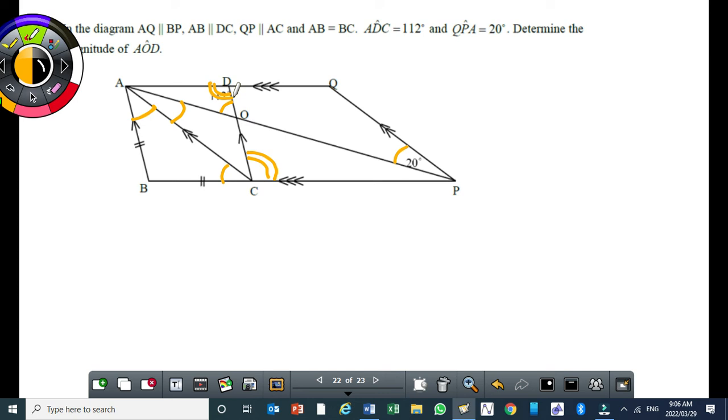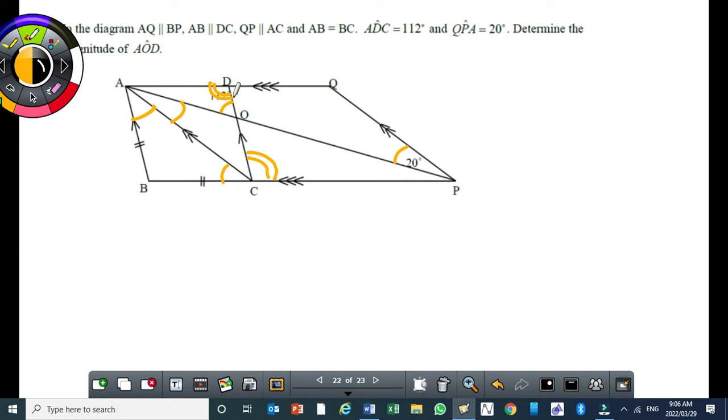Okay? What is the goal? The goal is to calculate this angle here. Now, do you agree with me that I can calculate this angle? In fact, you see this 20 here, because this is a transversal, that's a parallel line. It means that if I were to consider AD and BC, this whole angle here is going to be 20 degrees.